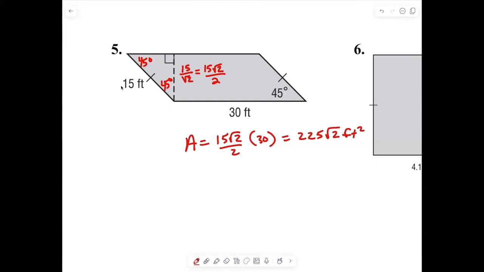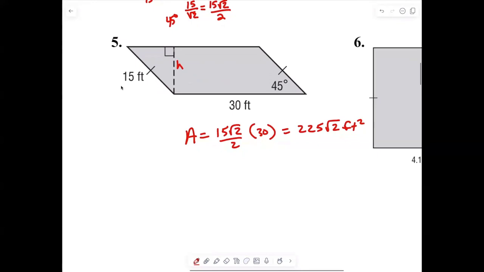Anybody have any questions with that? Let's just say we forgot, even though that's not possible. All right, let's say you forget, and we're interested in the height. What trig function are we going to use to calculate the height? Well, either one, it doesn't really matter.